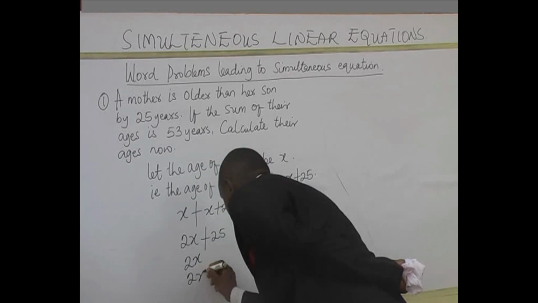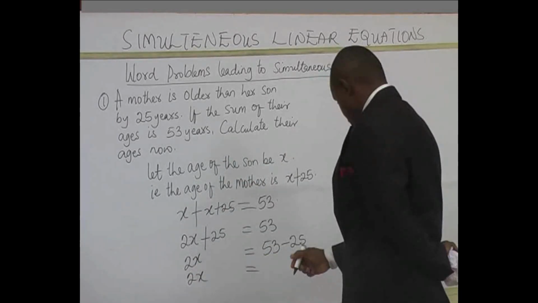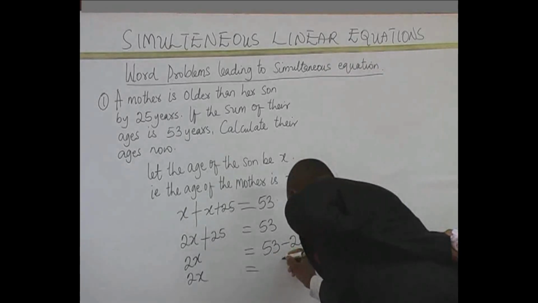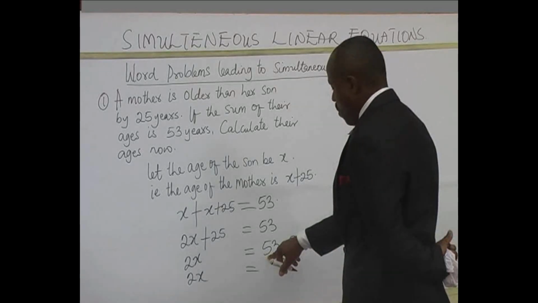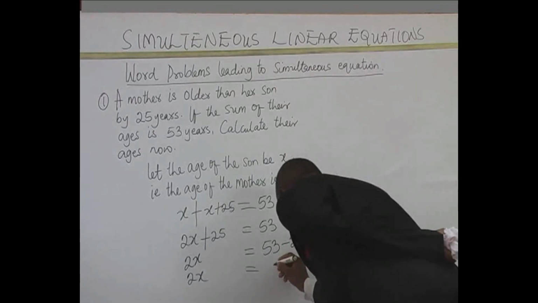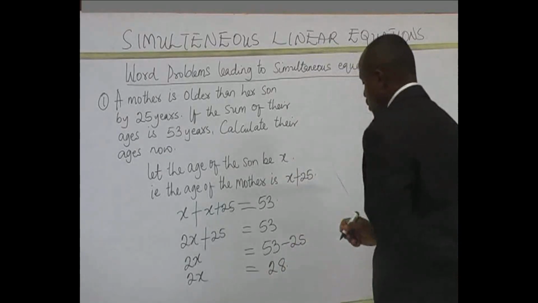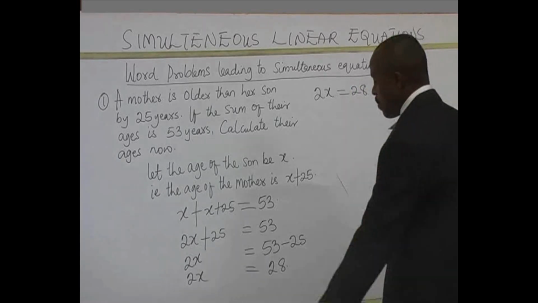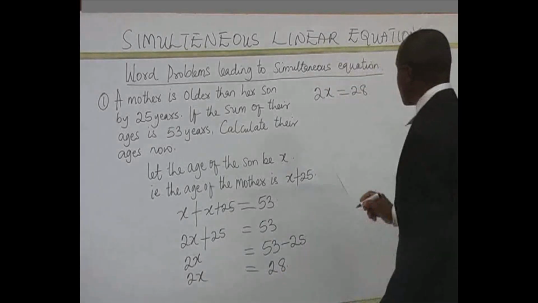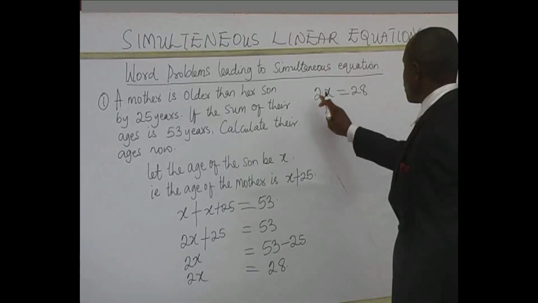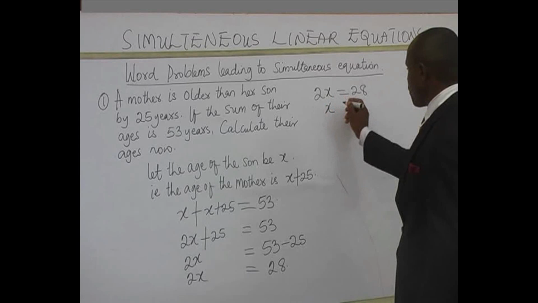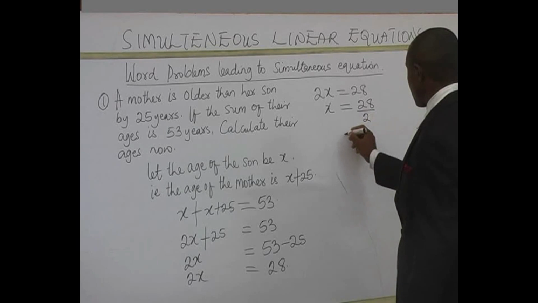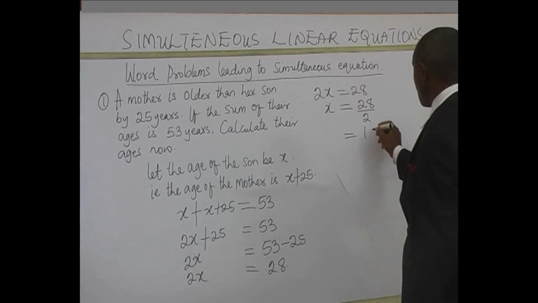That is, 2x is equal to 28. Divide both sides by 2. You eliminate 2 as the coefficient of x on the left hand side, and on the right hand side, 28 divided by 2 will give you 14.